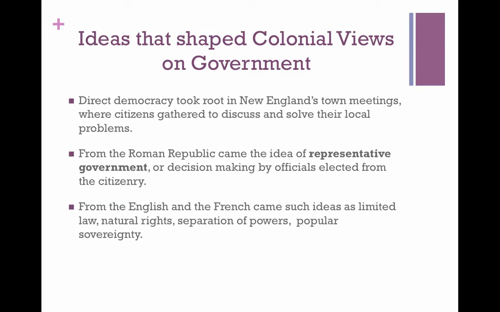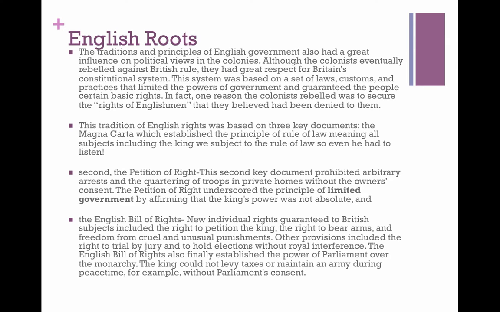They took ideas from the ancient Roman Republic, and they took the idea of representative democracy or representative government, where you elect officials and they make decisions based on the majority. And then from the English and the French came the ideas such as limited law, natural rights, separation of powers, and popular sovereignty.